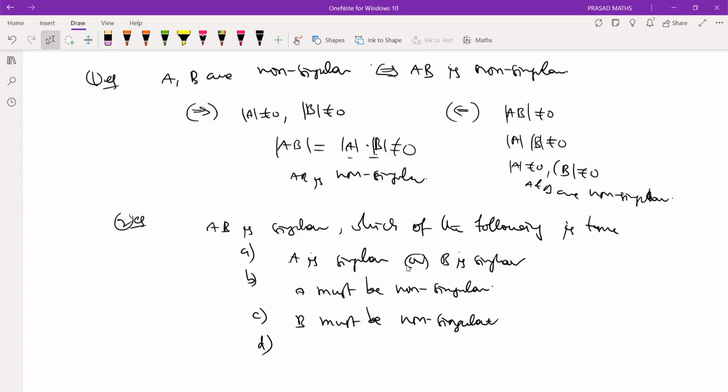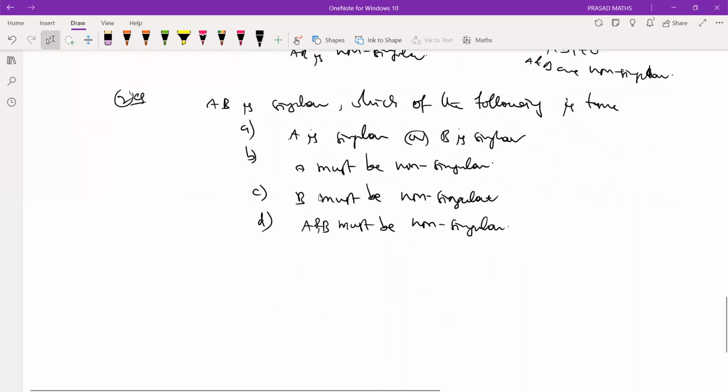Fourth, A and B both must be non-singular. How can you get it? You are given that A into B is singular.